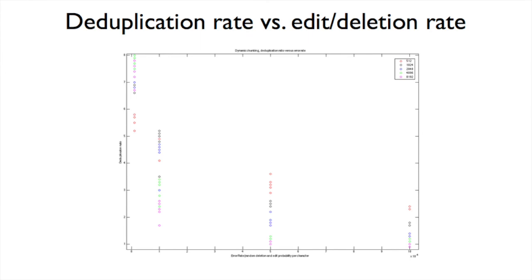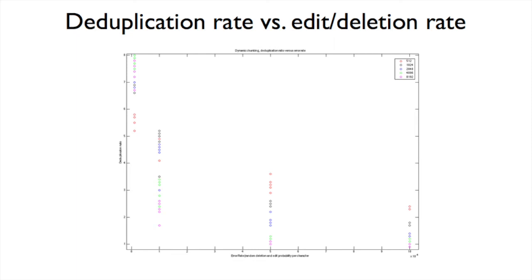So this is a plot of the deduplication rate versus the character edit and deletion rate. On the y-axis is the deduplication rate. Obviously, the higher that rate, the better the performance. On the x-axis is the edit and deletion rate, all the way from a 1 in a million chance on the far left down to a 1 in 10,000 chance of a character edit or deletion, all the way towards the right.